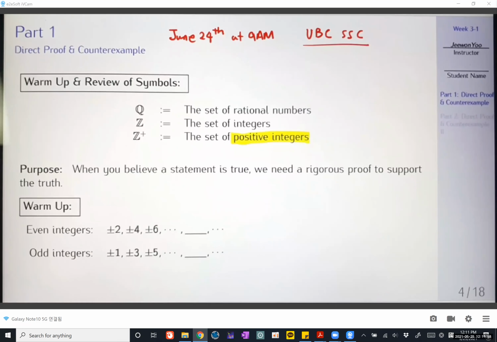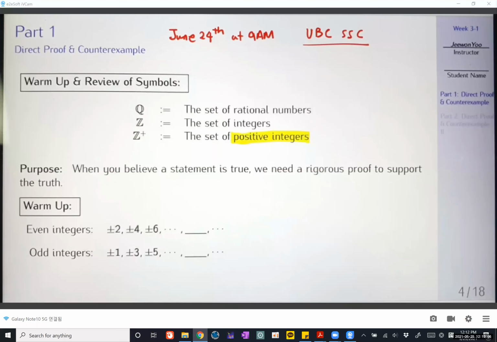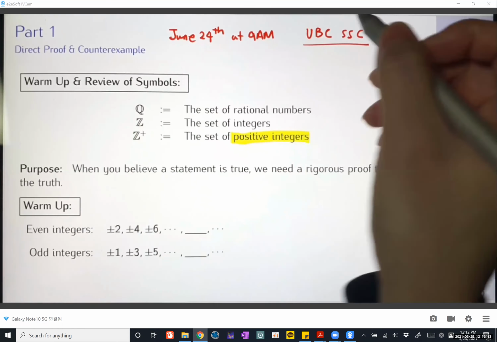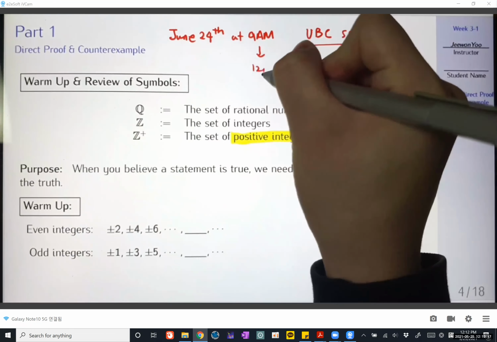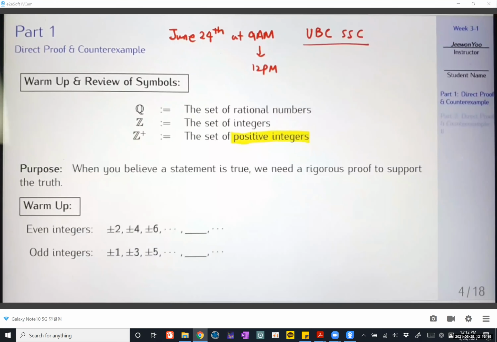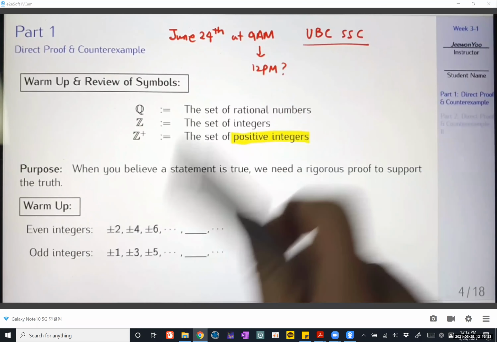All right, everyone, we're gonna use the symbols Q, Z, and Z plus a lot today and this week, including the midterm. Daria has a question. Will it be 3 hours? What does UBC SSC say? Is it 9 a.m. to 12 p.m.? Only 9? Okay.